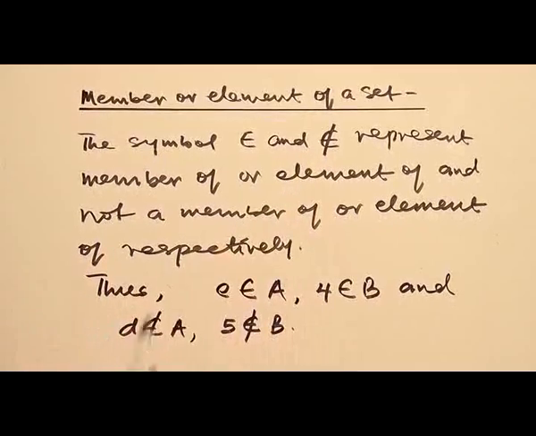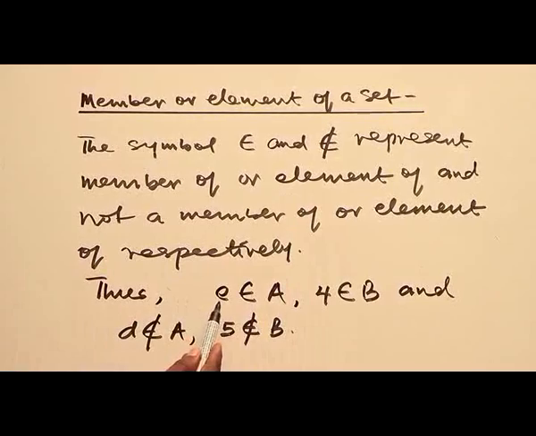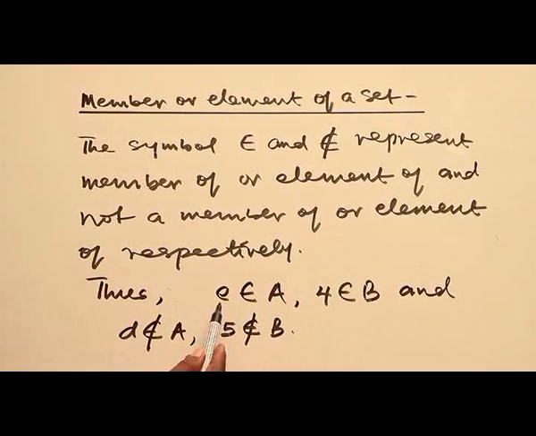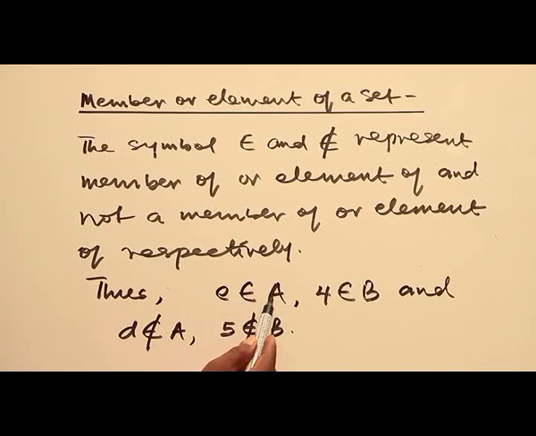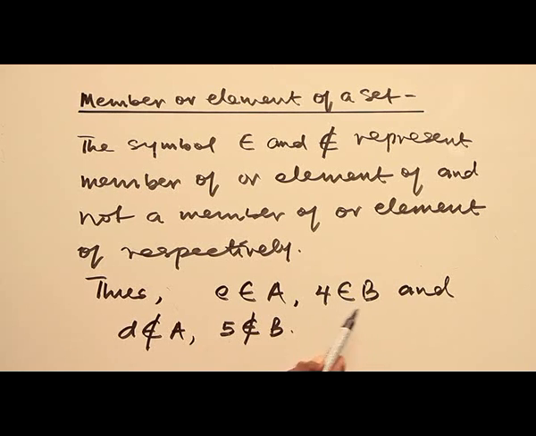Thus, in the first set we wrote, where we said A is a set equal to the vowels, e is a member of the set A, because e is a vowel and is in the set A. 4 is a member of the elements in set B, where we have set B as 2, 4, 6, and 8.